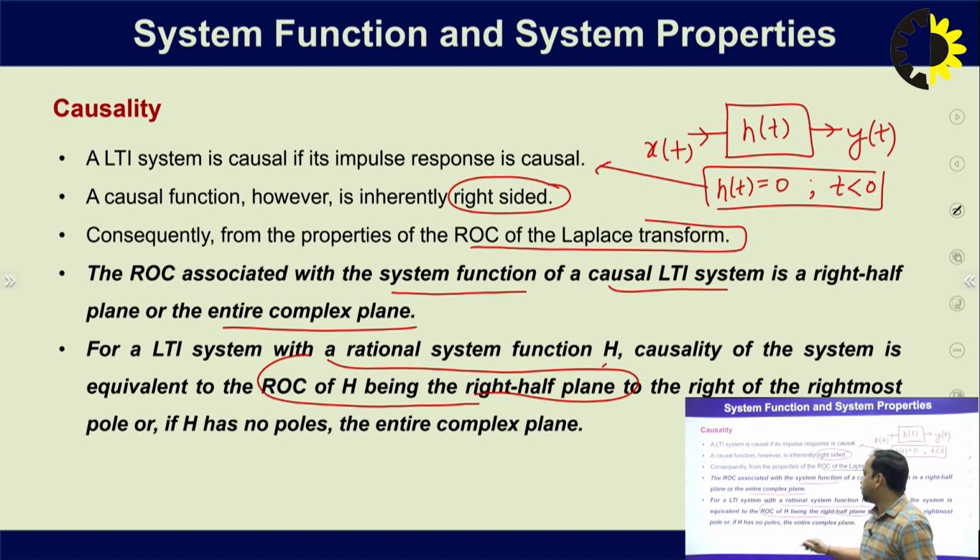If H has no poles, the entire complex plane is part of the ROC. We want to add one more point: if the impulse response is right-sided, then the ROC is to the right of the rightmost pole.